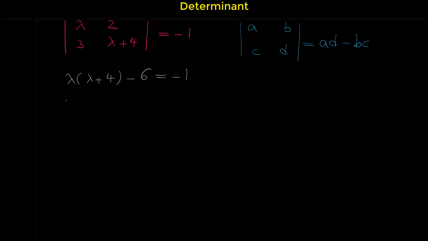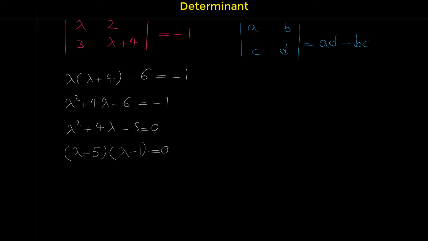If we multiply lambda in the bracket, we have lambda squared plus 4 lambda minus 6 equals negative 1. Now if we bring negative 1 to the left side, we get this quadratic equation. We can factor this in the form of lambda plus 5 times lambda minus 1 equals 0.